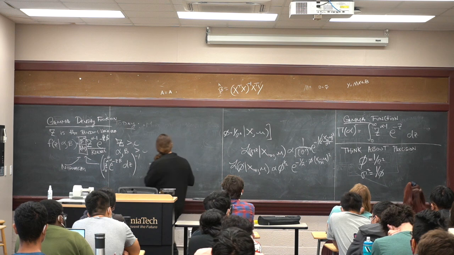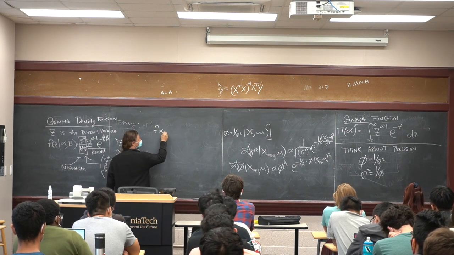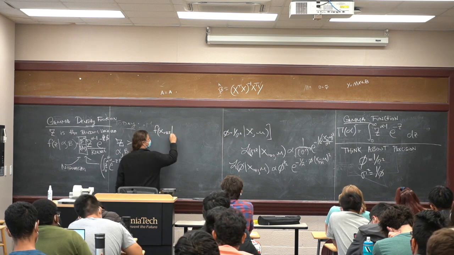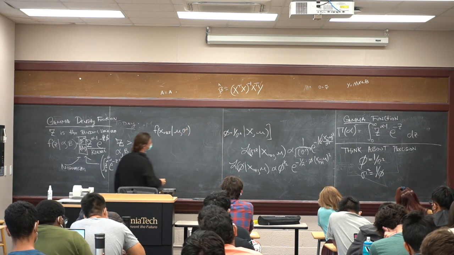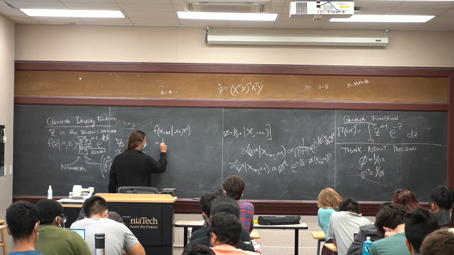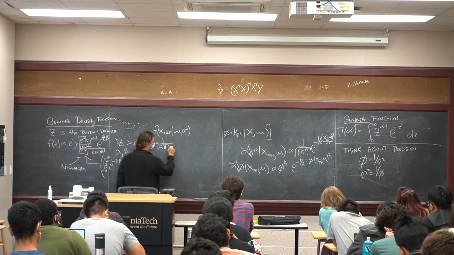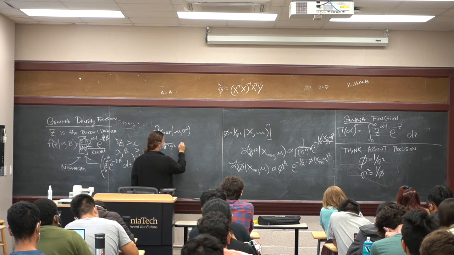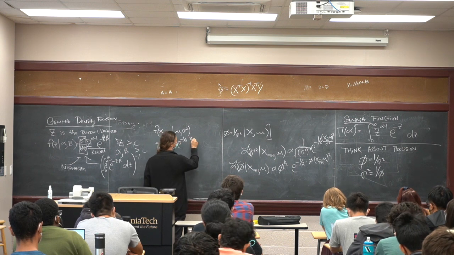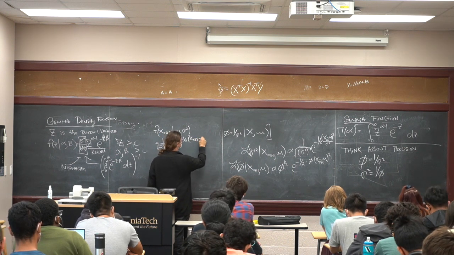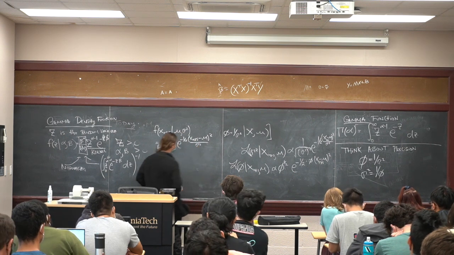So if I just think about our original distribution, f of x obs given mu and sigma squared, this is just 1 over square root 2 pi sigma squared, e to the minus 1/2 (x obs minus mu) squared over sigma squared.